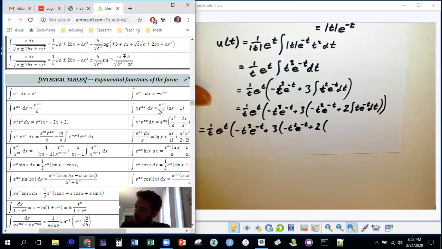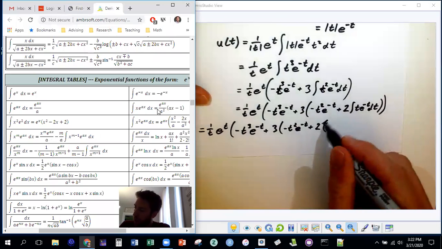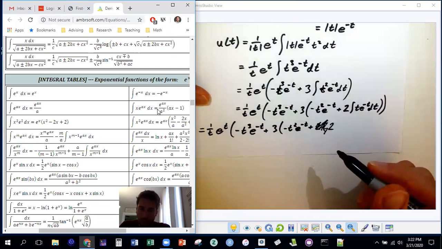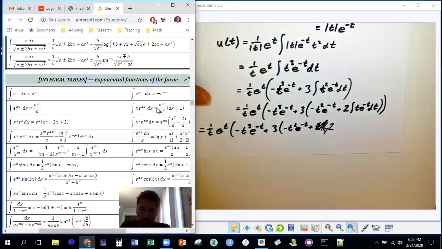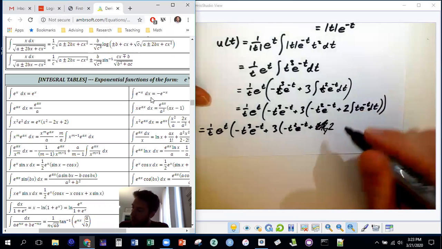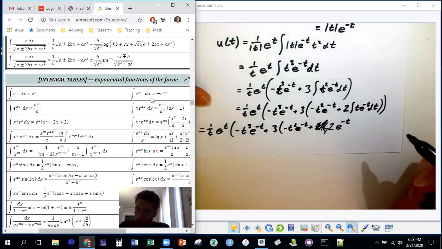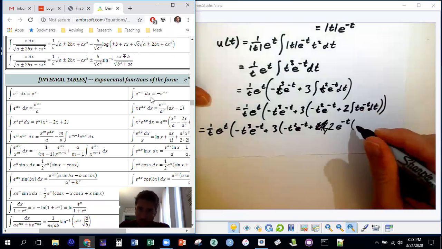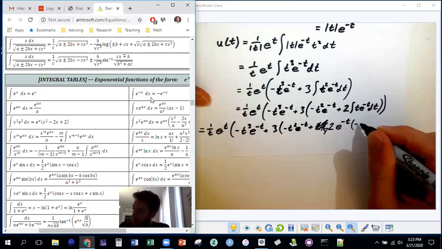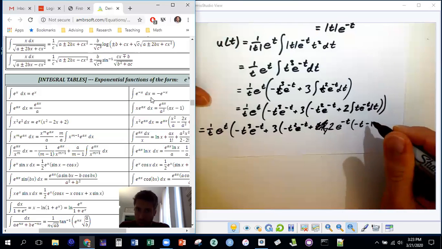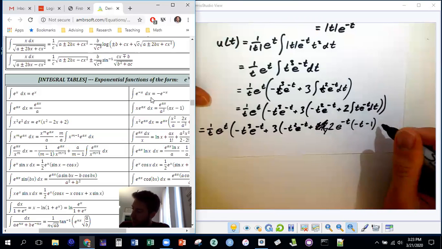So that's, forget about the parentheses. So 2 times e to the negative t over negative 1 squared. So divided by negative 1 squared is just divided by 1 times negative t minus 1, plus C.